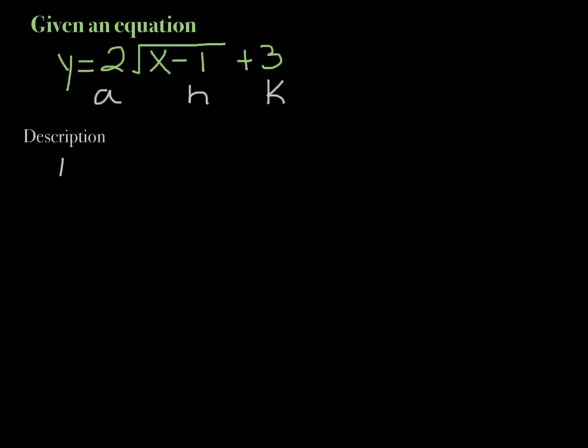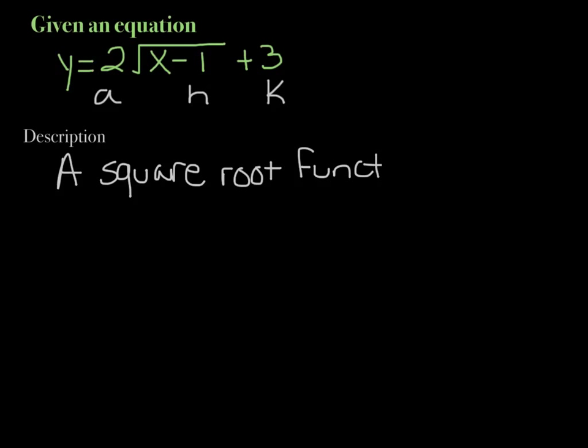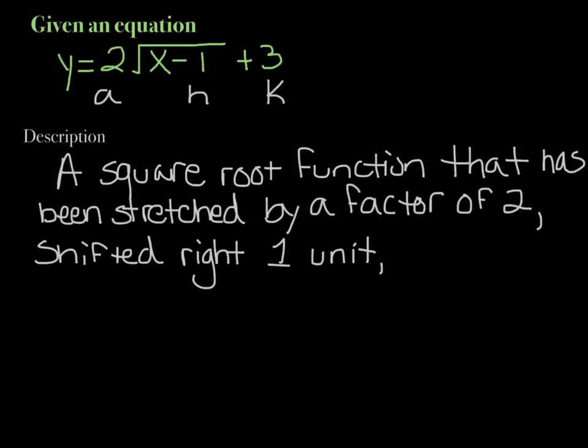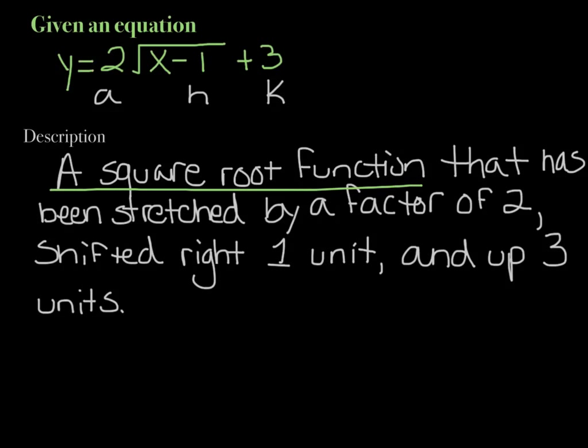We're going to say a square root function that has been stretched by a factor of 2, shifted right 1 unit, and shifted up 3 units. And make sure you do say a square root function at the beginning of your description. Otherwise, it could be any kind of function.